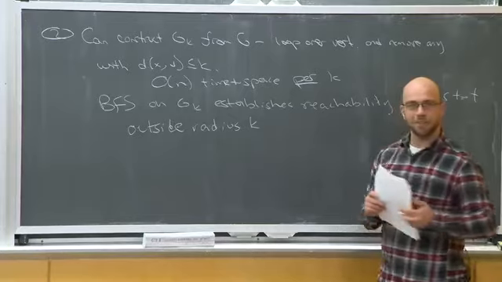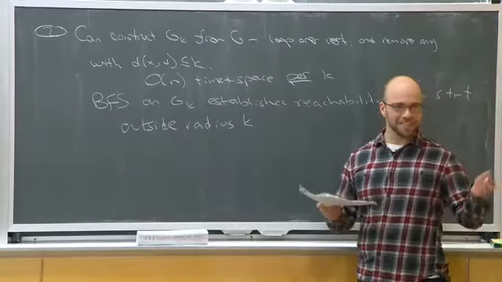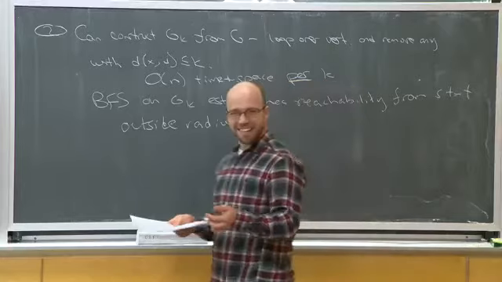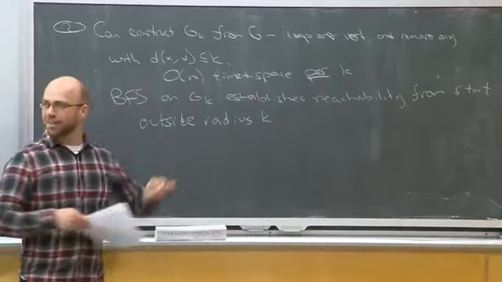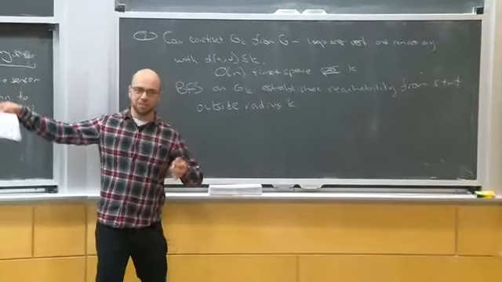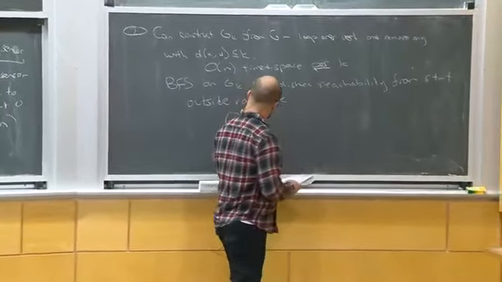And how much time does BFS take? Linear in the size of the graph. I only ever ask Jason one question, which always has the same answer. So BFS takes time linear in the size of our graph. Our graph has size n, or kind of 2n-ish. So at the end of the day, this takes order n.